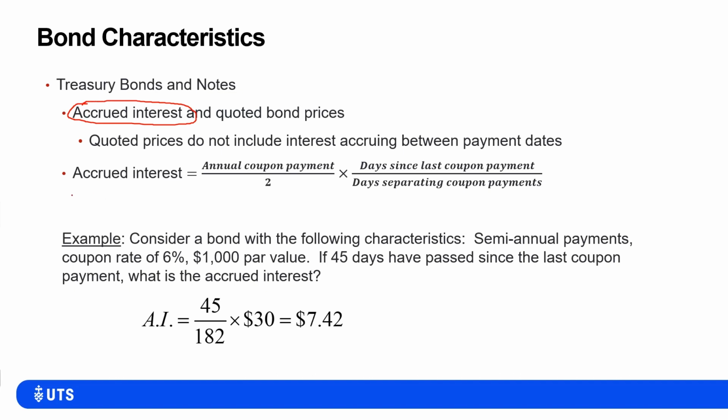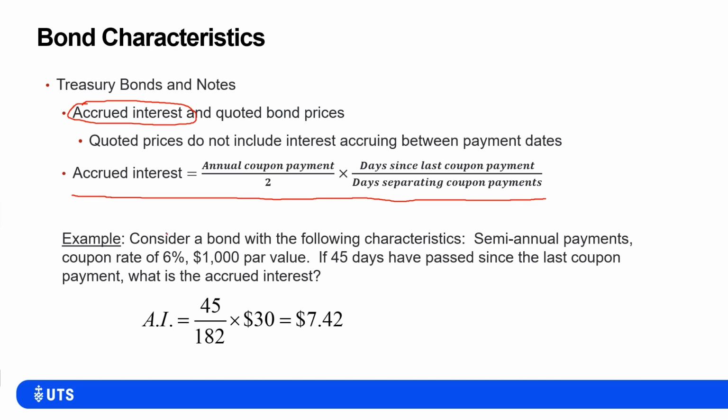First we start with the coupon payment and then we divide it by the number of days between two coupon payments. This leads to the daily coupon payment. And if we further multiply by the number of days after the last coupon payment, this is the interest that has been accumulated through this period.